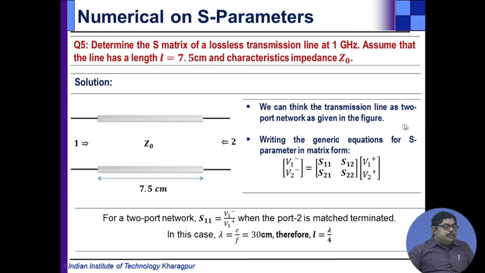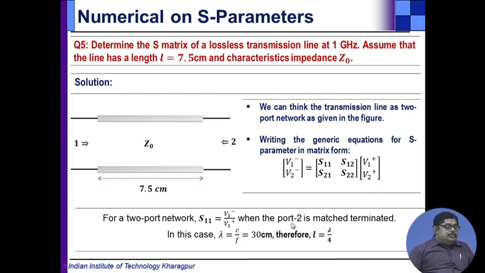A transmission line is obviously a 2-port network. So, the S parameter is like this, this is the definition. Now, for a 2-port network, S11 is this when port 2 is match terminated. In this case, 1 gigahertz means lambda will be 30 centimeter, and 7.5 centimeter means it is a lambda by 4 line.